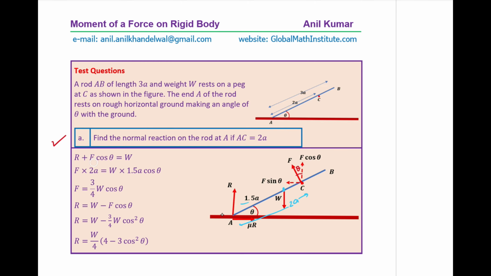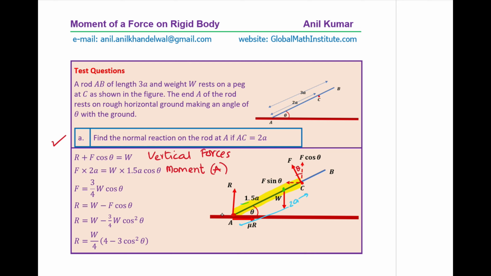So, as discussed, the vertical forces, which are R and F cos theta, will match the weight. So, these are vertical components. So, when you equate them, we get F times, this is vertical, and these are the moments, right, at A. So, we are checking the moments at A. Because of the force F, the distance is 2A.